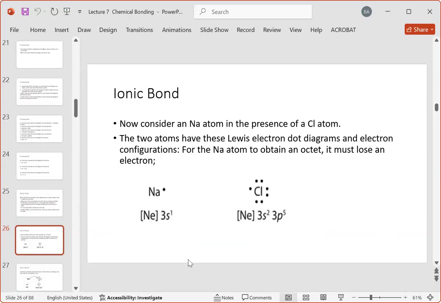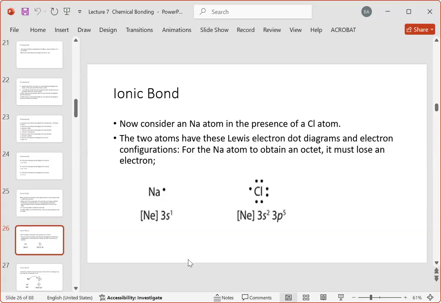Now let's continue with the ionic bond. For example, now I have a sodium ion, and then you have a chlorine ion. All right. And they want to satisfy the octet rule.